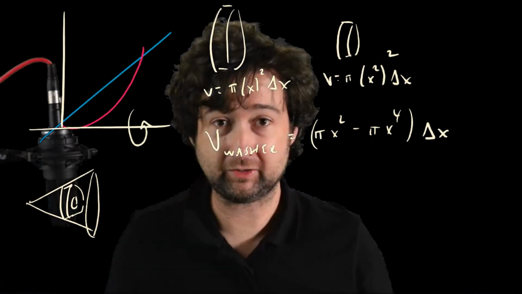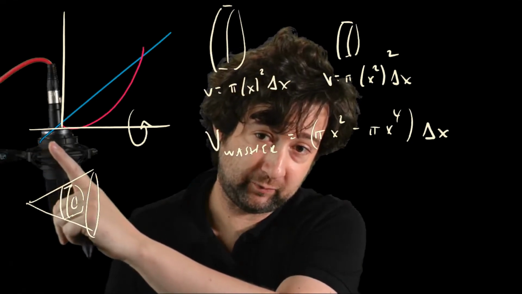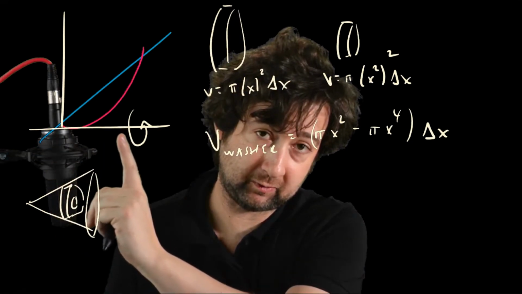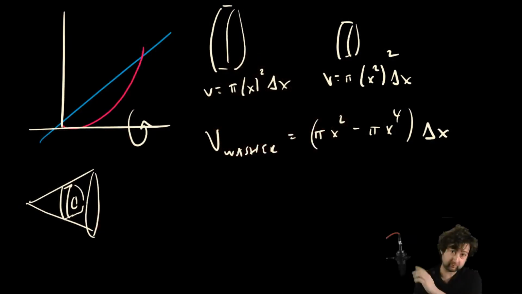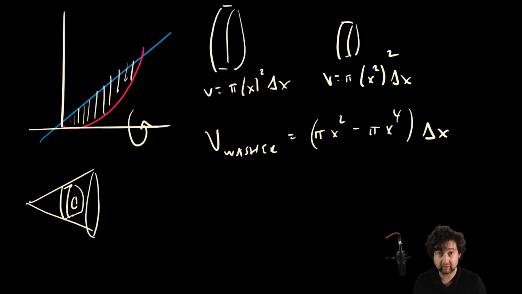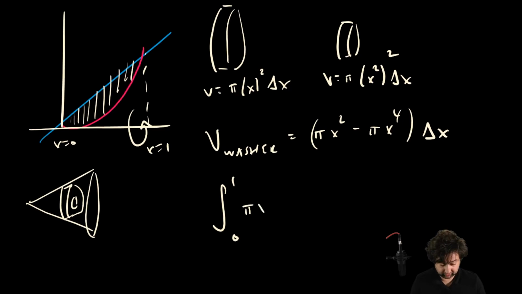Well, the first washer is located at x equals 0, and then we cut washers until we get to x equals 1. So you can imagine that we're chopping this thing up into washers like this, and each one of them is located at some value between x equals 0 and x equals 1. So to sum up all the washers, we just do the integral from 0 to 1 of pi x squared minus pi x to the fourth dx.